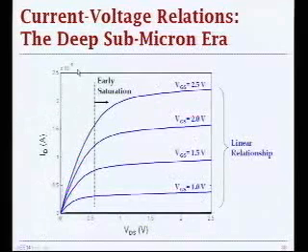And your saturation occurs much sooner in deep submicron than you had on this graph for a transistor that is not deep submicron. It's basically channel lengths greater than quarter micron. So we are at the boundary, but we will still treat our devices as deep submicron.